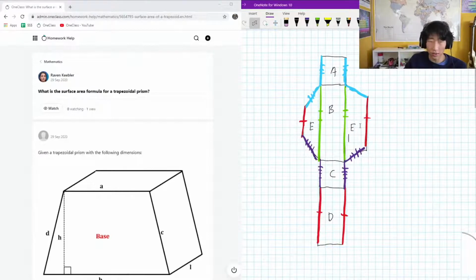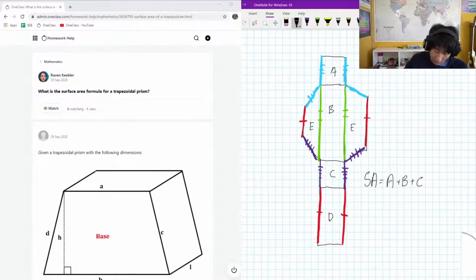You can see that the two E's are the same here. So the total surface area, let's call that SA for surface area, is going to be A plus B plus C plus D plus 2 times E. And that's going to be the total surface area of this.